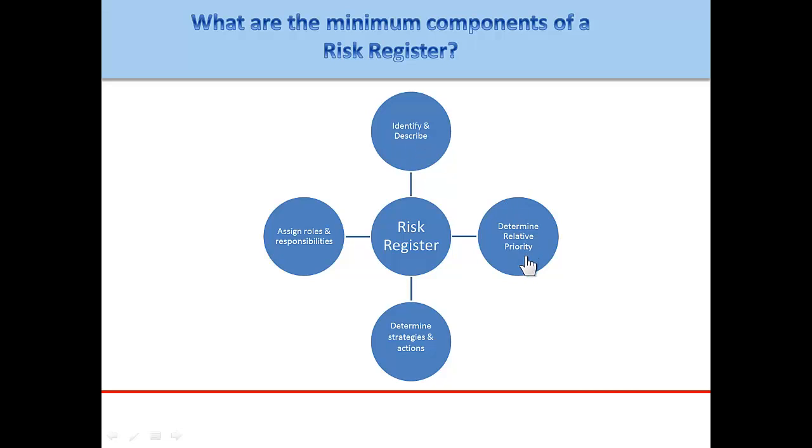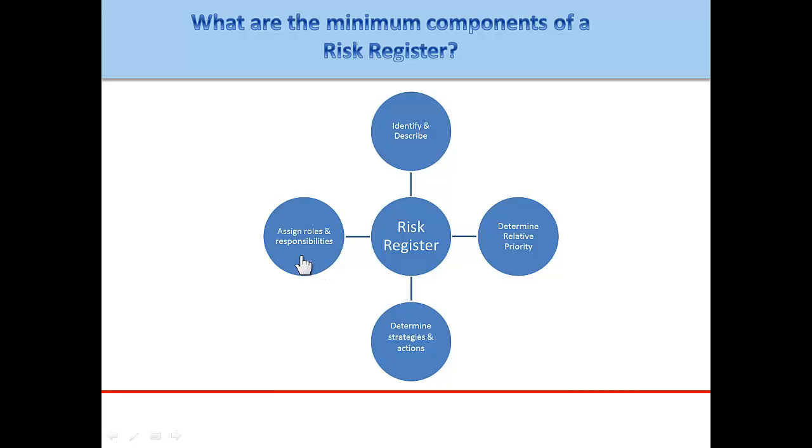Secondly, an indication of the relative priority of each risk so that resources can be allocated to those with the highest priority. Third, a plan for managing each risk on the register, and that could be mitigation, transference, avoidance, or acceptance. And then fourthly, assignment of roles and responsibilities.